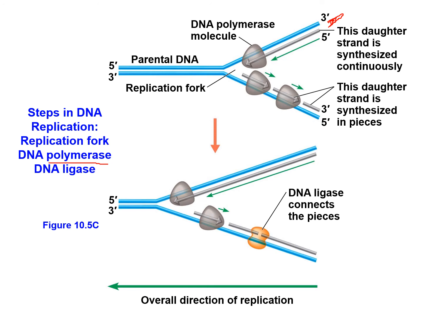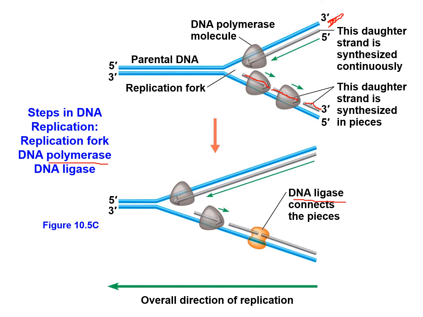So it starts farther along the strand, makes a small snippet of the DNA, and then it backs up, and then it makes another small snippet, then it backs up, and it makes another small snippet. So it makes small pieces at a time, until this gets opened up and it can fit in there. So then you've got all these pieces that are not connected. And this enzyme called the DNA ligase then puts those pieces together.